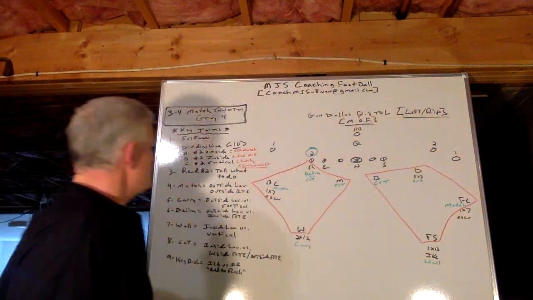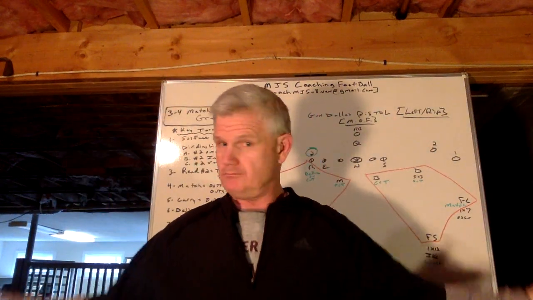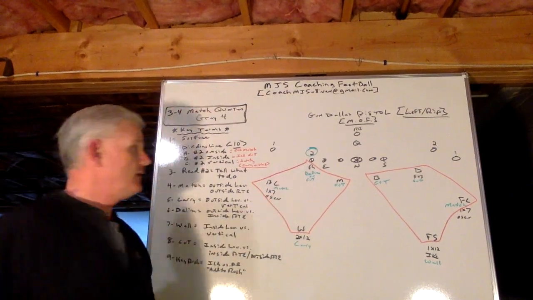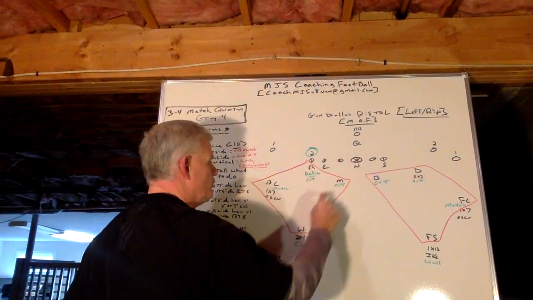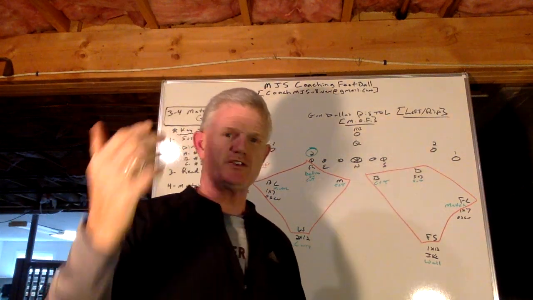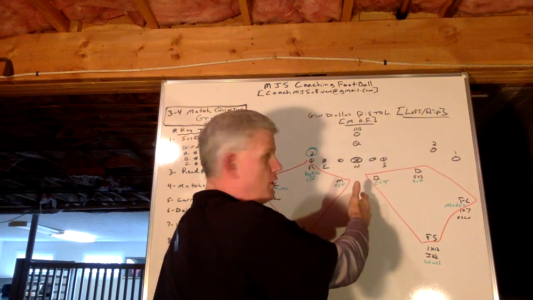So, gray 4. Boom, done. What's meant by the 4? 1, 2, 3, 4: the outside, inside linebackers, the safety and the corner on one side, and the ball is the wall.